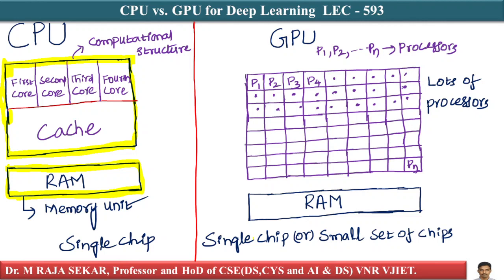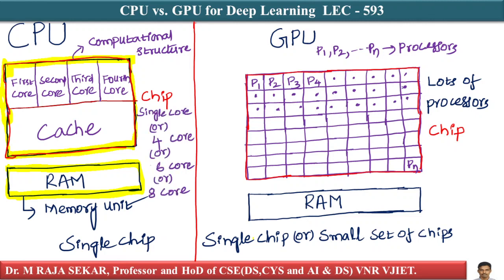In a typical processor today, in the case of CPU, you see 4 cores, or there may be 8 cores or 6 cores. Typically there are also single core boxes. Yes, you may have single core, 4 core, 6 core, 8 core in the context of the central processing unit.